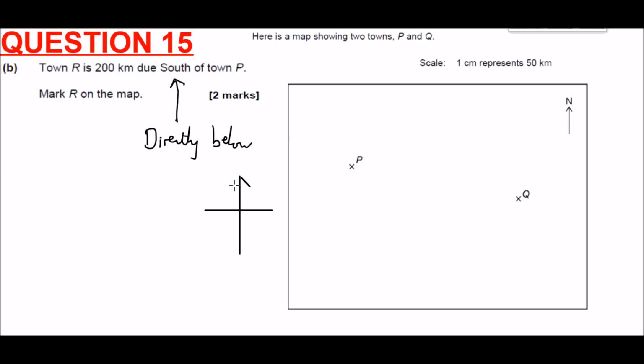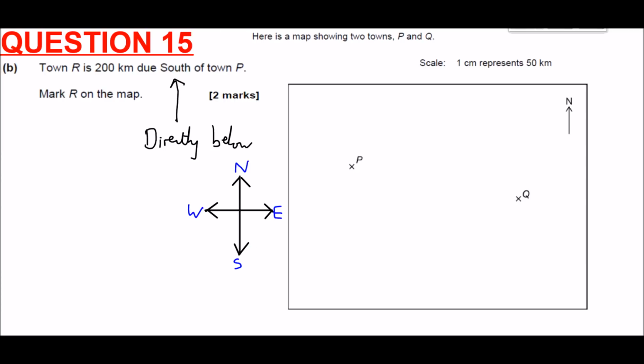North is the line going up, south is down, east points to the right, west points to the left. So as I was taught in school, never eat shredded wheat. So due south means below.